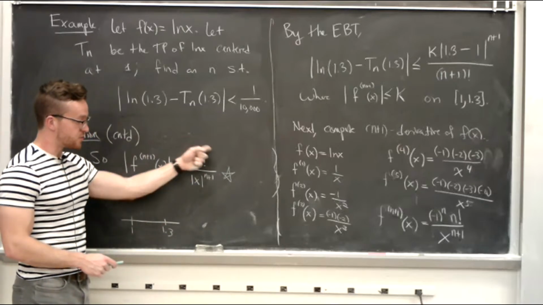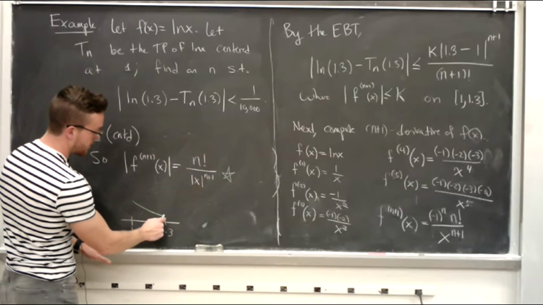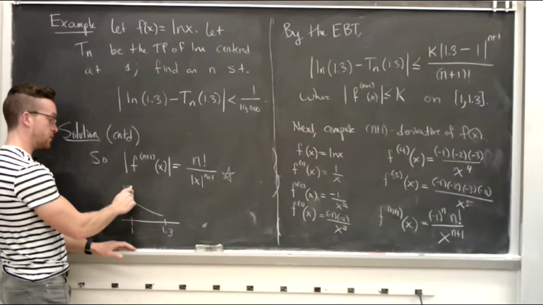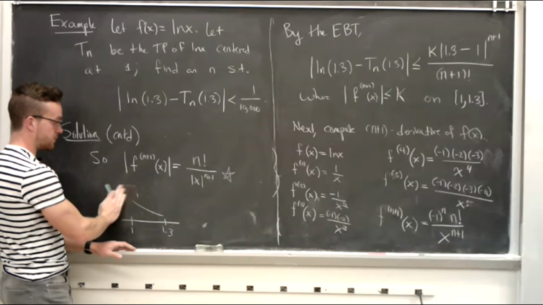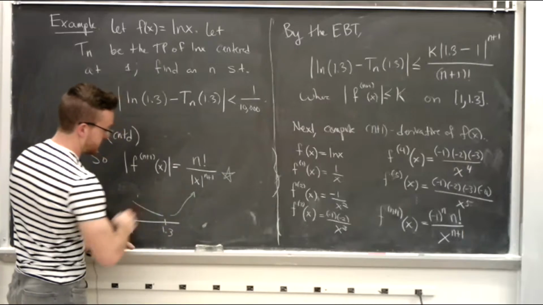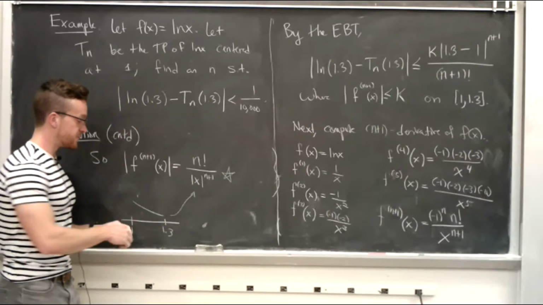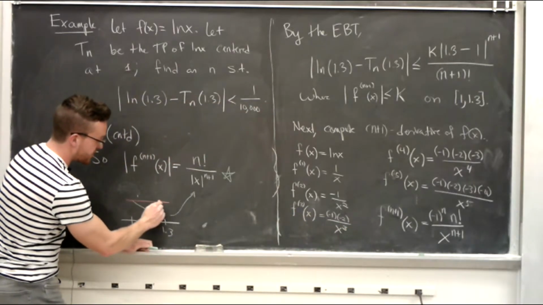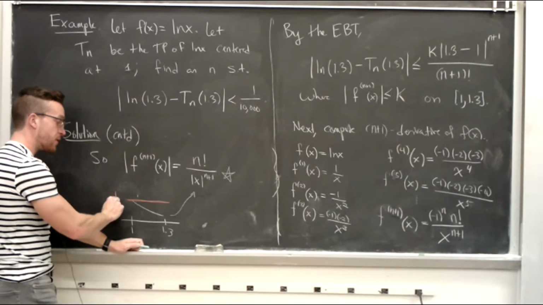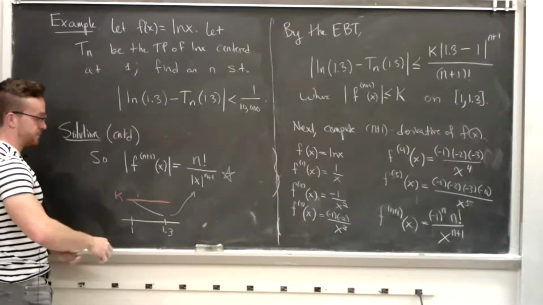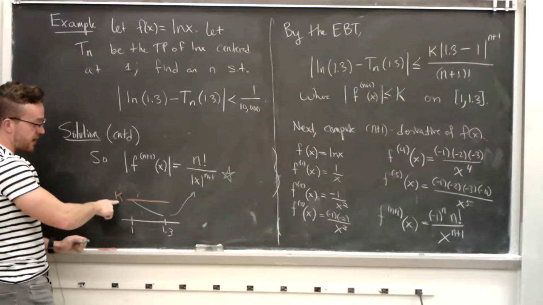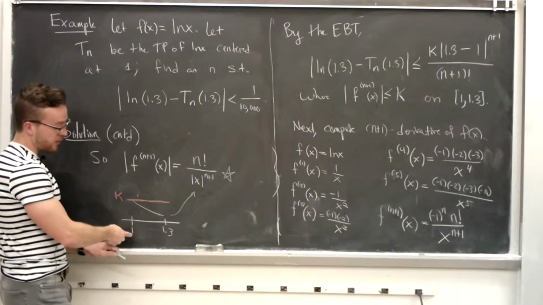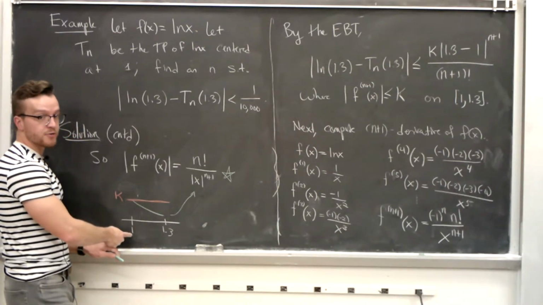So a rough sketch of this thing would be something like that. On the left hand side of this interval, the maximum value that this can take is this height. That's what I'm going to call k. So in other words, k is going to be the value of this expression evaluated at x equals 1.